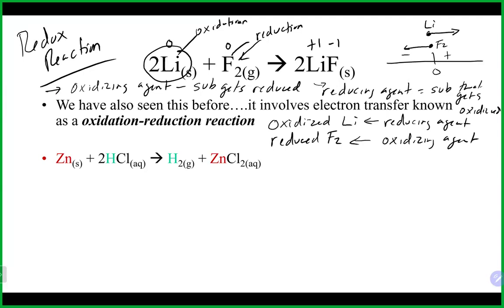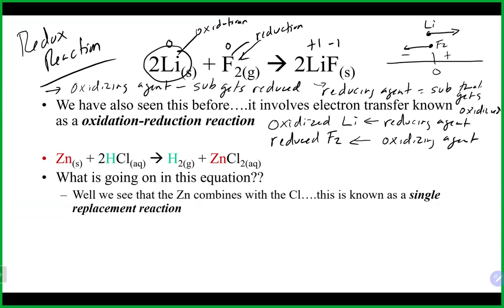So if we look at this reaction here, this is a type of reaction known as a single replacement reaction, which is different from a double displacement reaction. How do I recognize it? In a single replacement reaction, you will have one thing plus another thing.